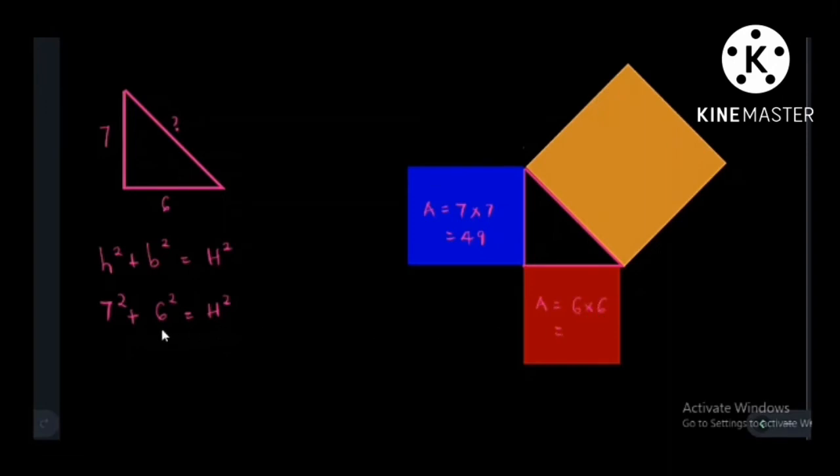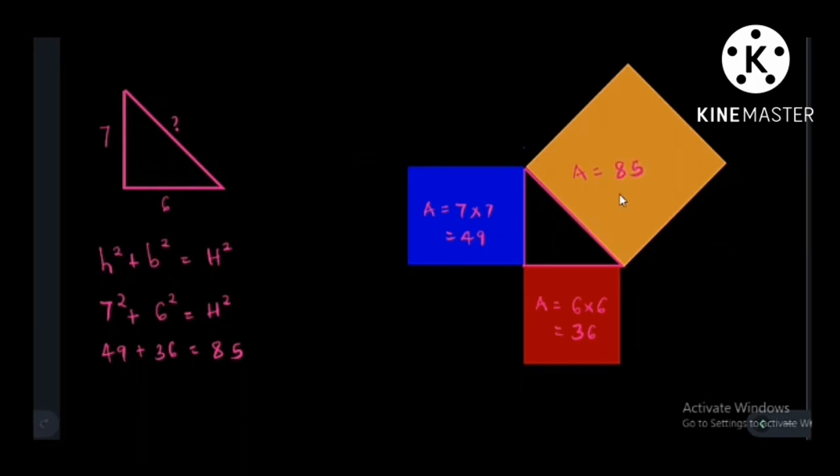That is why we are saying 6 squared, and that gives us 36. So if we have 49 added to 36, what does that give us? It gives us 85. Now, that means that the area along the hypotenuse should be equal to 85.